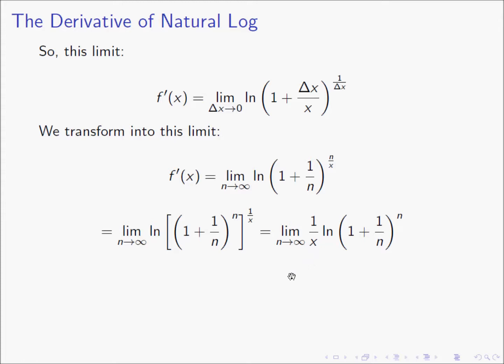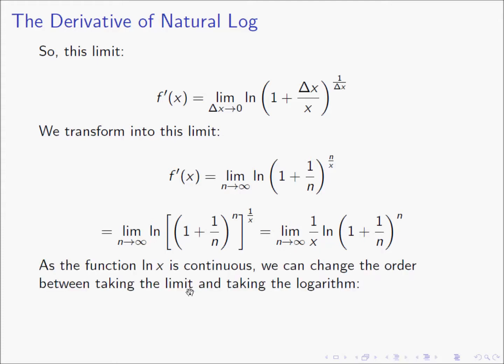Now here we have a limit where n is a variable and x is a constant. And also because the natural log is a continuous function, in that case you can change the order between applying the function and taking the limit. Here we first apply the function and then take the limit.